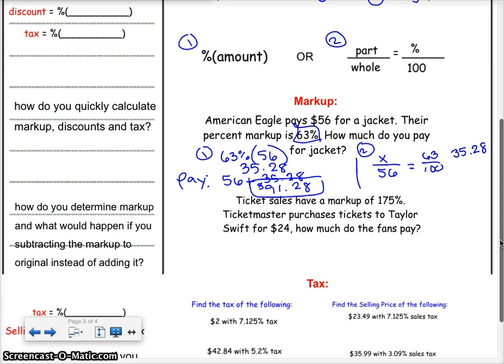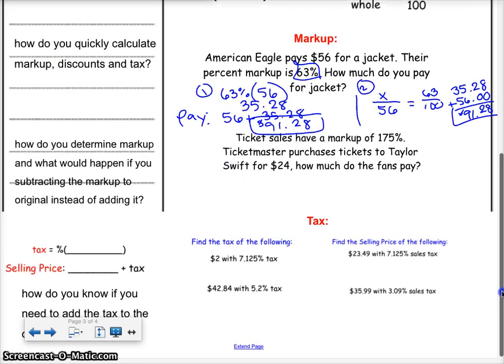You have to give them what they paid for it too. So then you add what they paid, $56, and you get $91.28. So two strategies. And I don't care which one you use, whichever one you like best, okay?